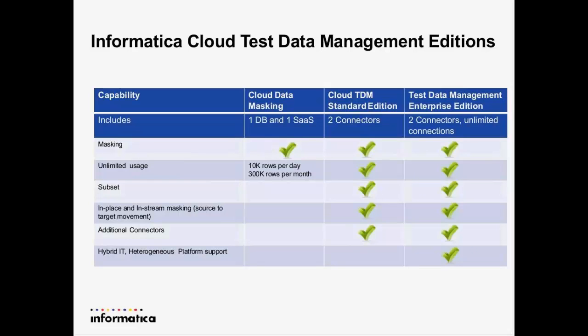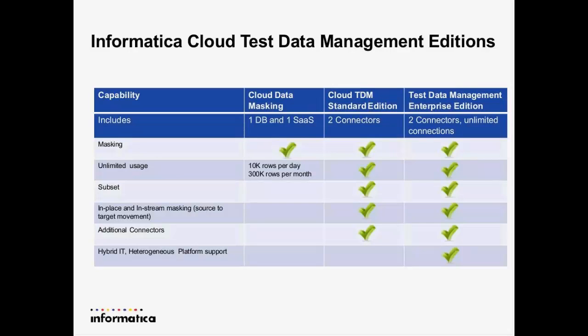A lot of our customers will have one source and many targets. They want to copy those tasks, save as, or maybe modify them because they have different testing criteria for different targets, test 1, test 2, QA, et cetera. They can use the same software, and it includes two connectors, but they would just have to license more connectors for the number of environments they want to connect to.